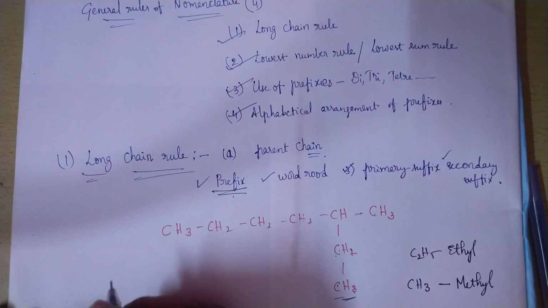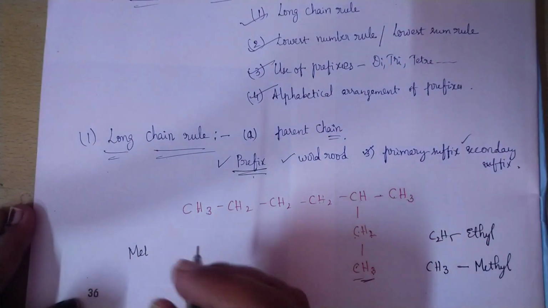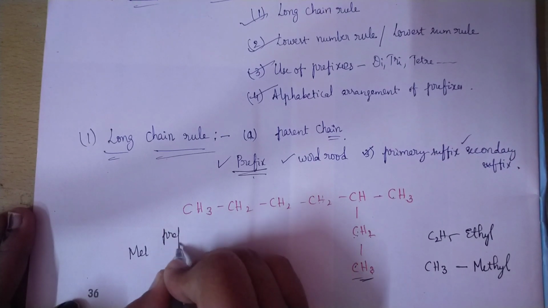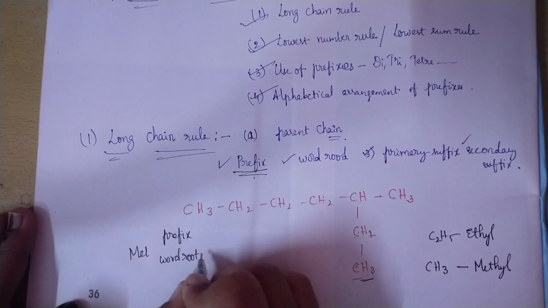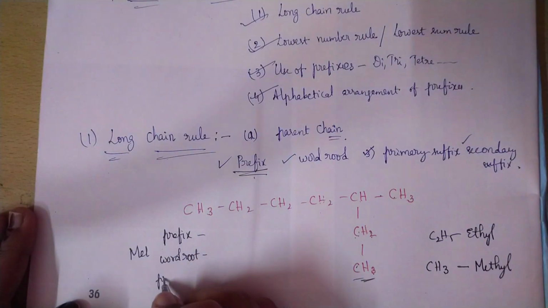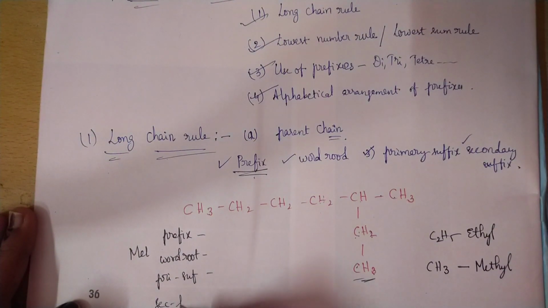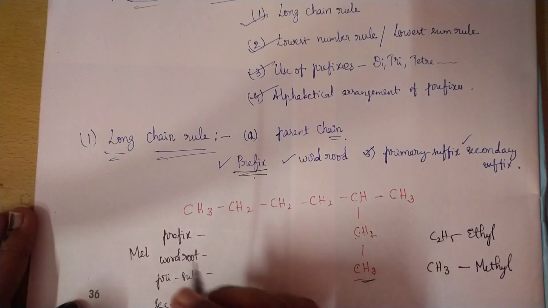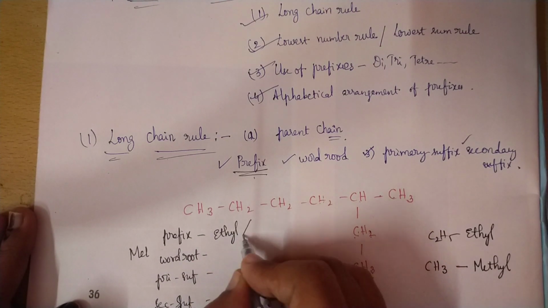The name will be, wait, I'll tell you in a proper way. First prefix, word root, primary suffix, secondary suffix. Here the prefix we can take either ethyl or methyl.